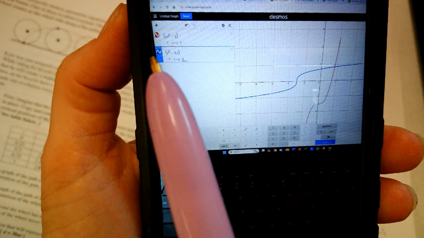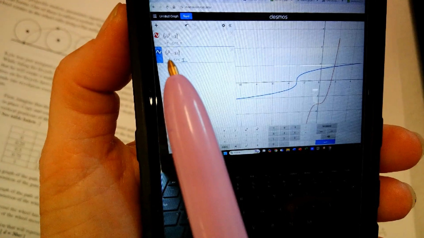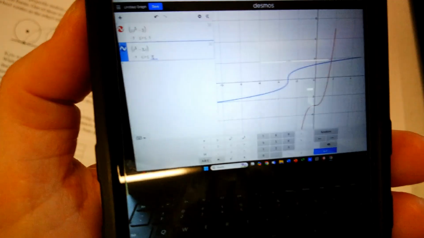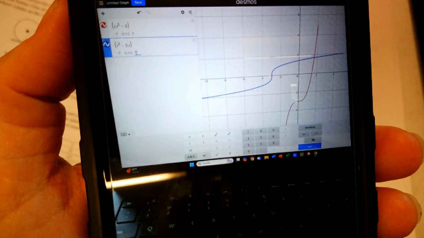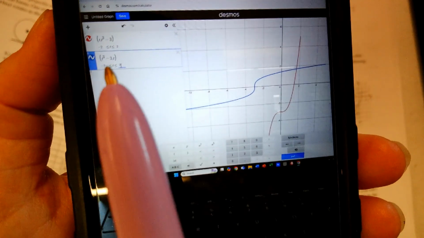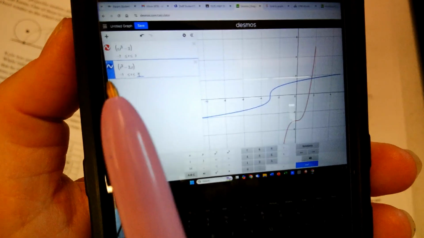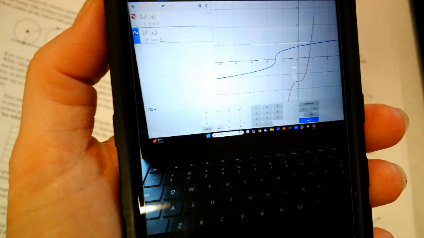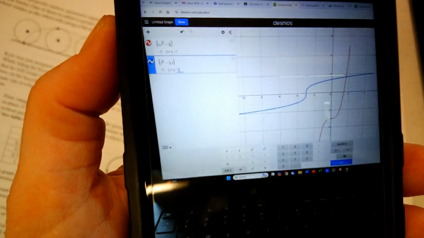I just opened parenthesis, and then I did, I know it's so hard to see, t cubed minus 3 comma t, and then it asked me down here, this pops up for you, for what values t is going to be, and so I said t was going to be in between whatever they told me.